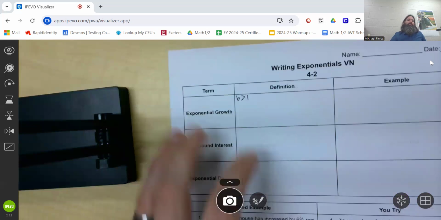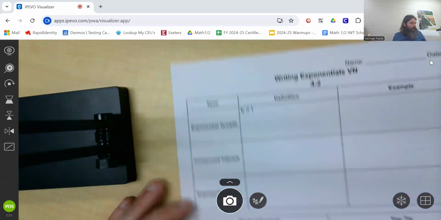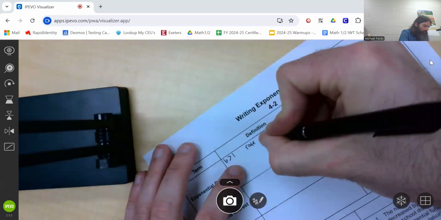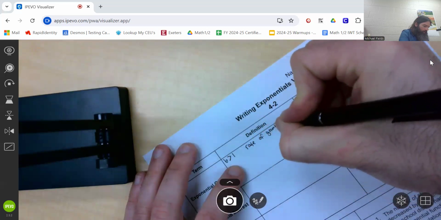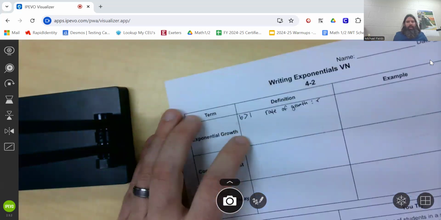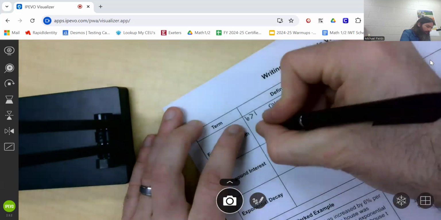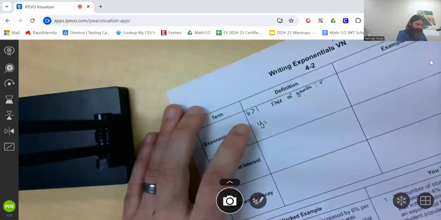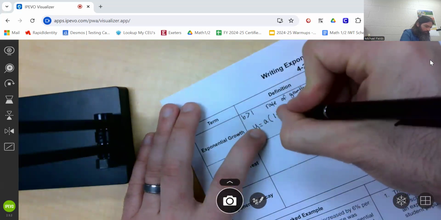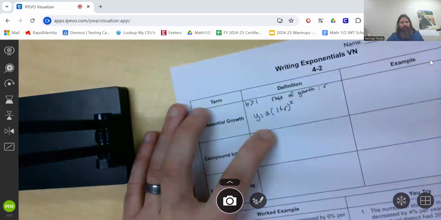So when we're reading a problem that talks about percent growth, we're going to have a rate of growth, and that's going to be R. And then our formula for exponential growth is going to be Y equals A times 1 plus R raised to the X power.